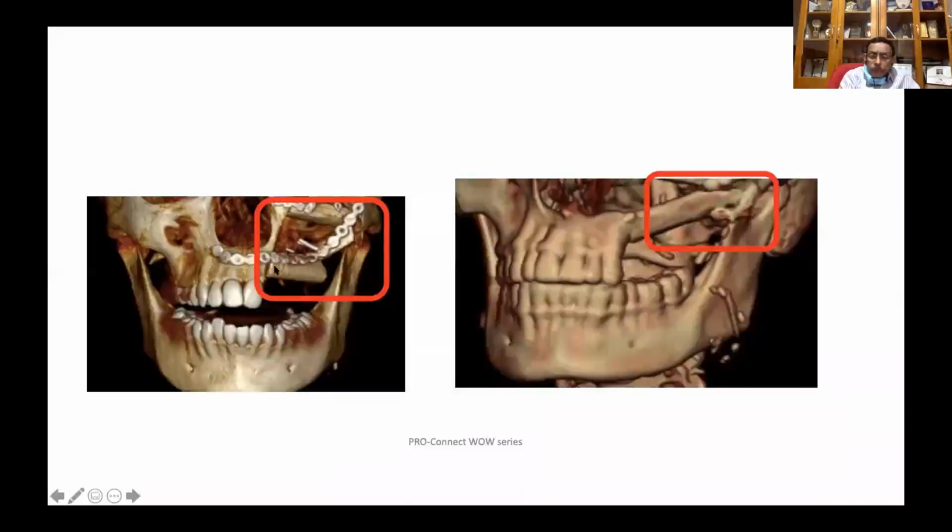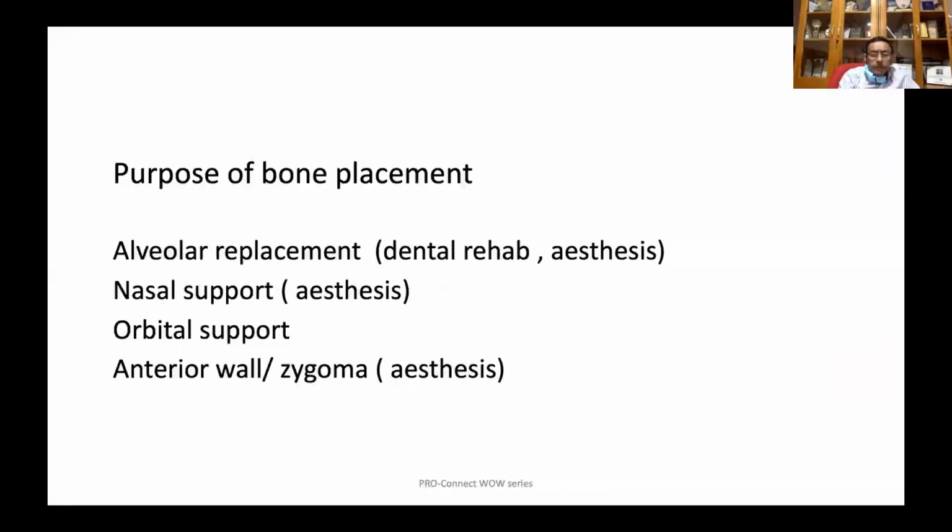Whereas here the position is congenial, but the support won't be there. So you put a bone here like this so that the weight transmission later on is into the zygomatic buttress. This is a very key area if you want to make the patient use a denture with a maxillary reconstruction, to have this connection there. Bone placement, alveolar replacement, these are the purposes, nasal support, orbital support, and this is for aesthetics.